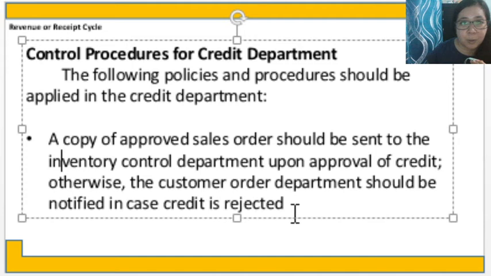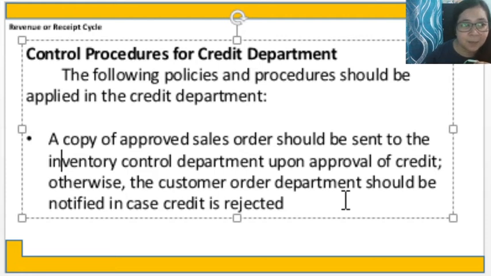However, if the customer was denied or their credit is rejected, the order department should be notified, or in other words, the order slip may also be returned to the order department and noted there that the credit was rejected, so that the transaction will not take place, or the inventory will not be shipped to the customer because again their credit was rejected.